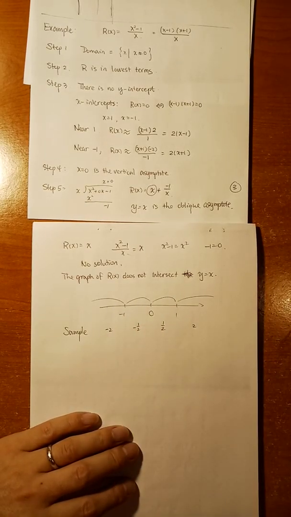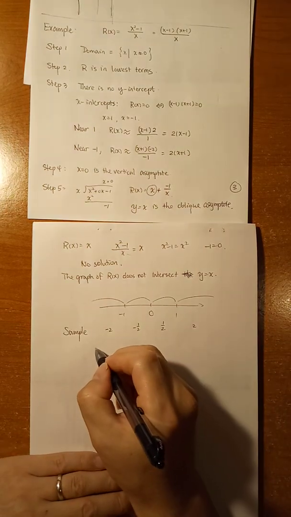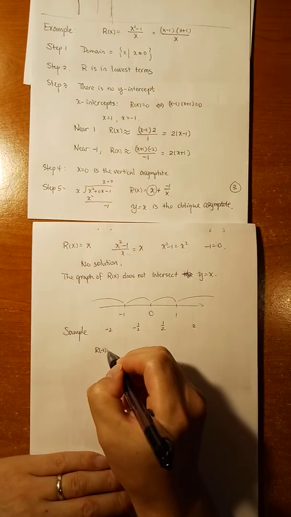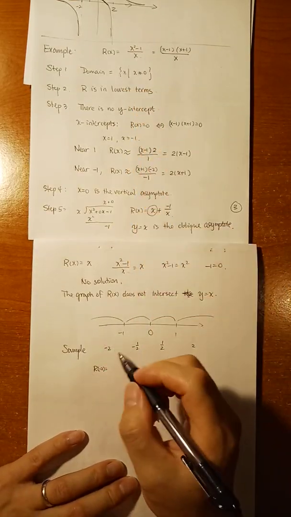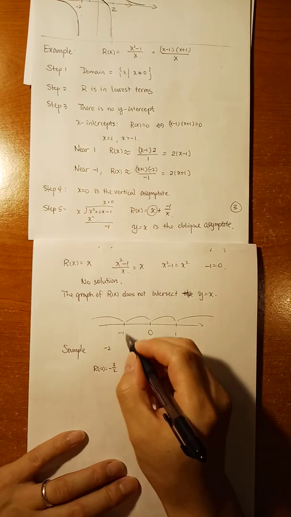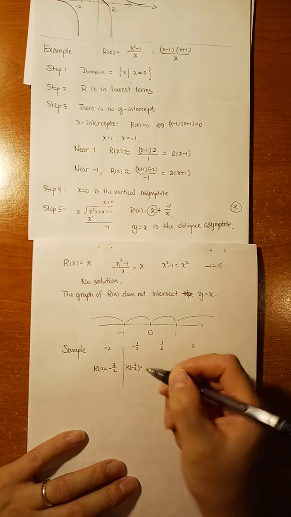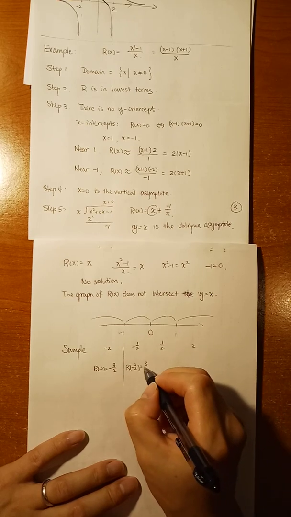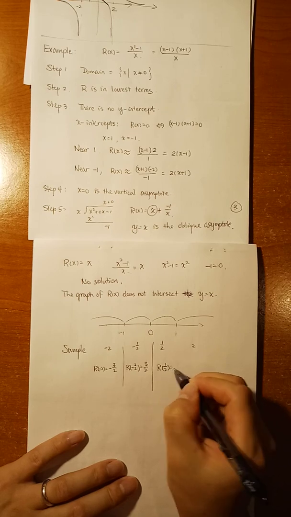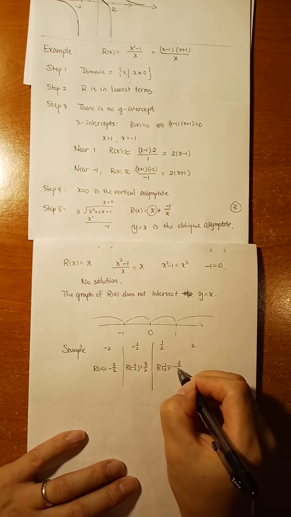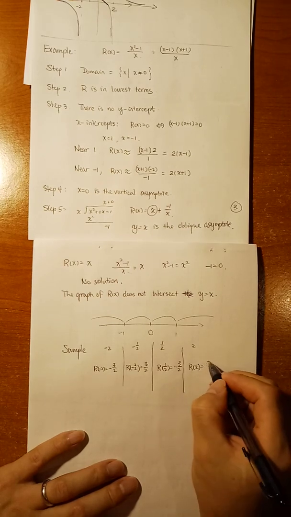And then you're going to evaluate r of -2 based on the definition. R of -2 is -3/2. R of -1/2 is 3/2. R of 1/2 is -3/2. R of 2 is 3/2.